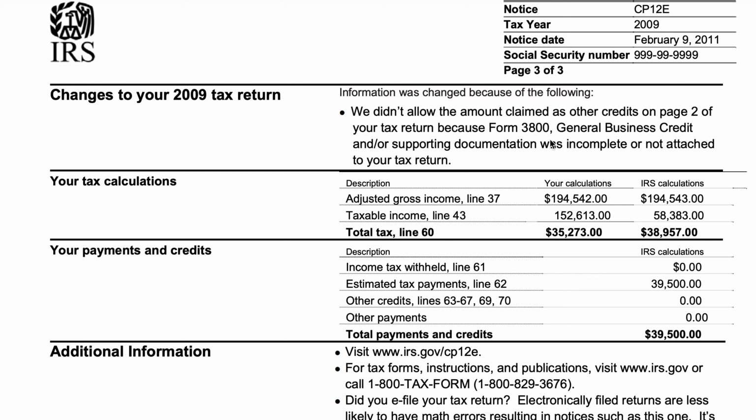And again, they disallowed the employee business expenses, which were reported through to IRS Form 3800 because of some sort of documentation that wasn't attached to your return.